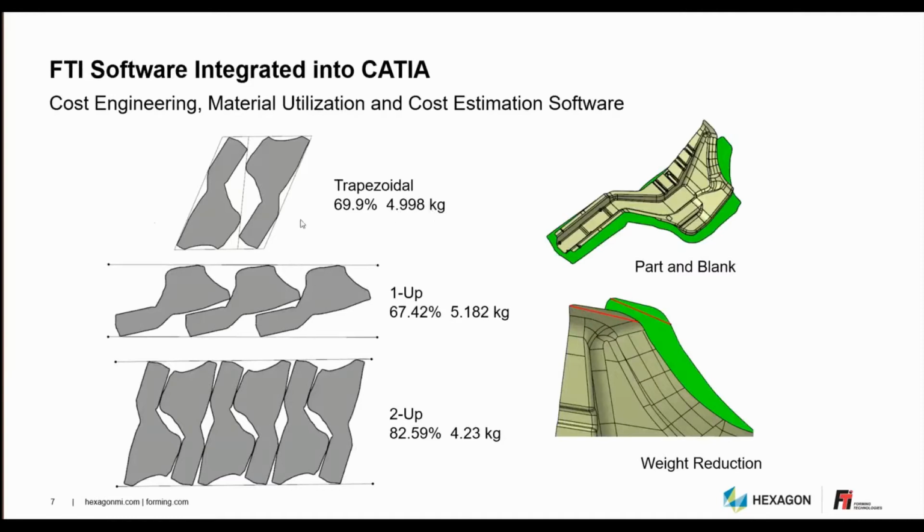In comparison with the second configuration, the weight increased a little bit because the material utilization is decreasing a little bit. And the last one is the best one because we have 82% material utilization, so the weight is reduced to 4.23 kilograms, and consequently the cost is going to be less.